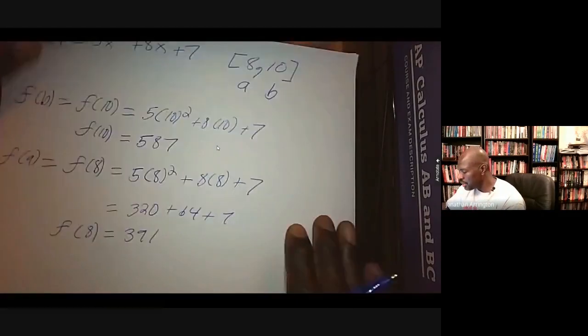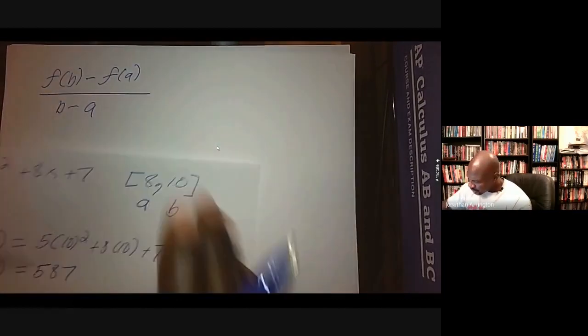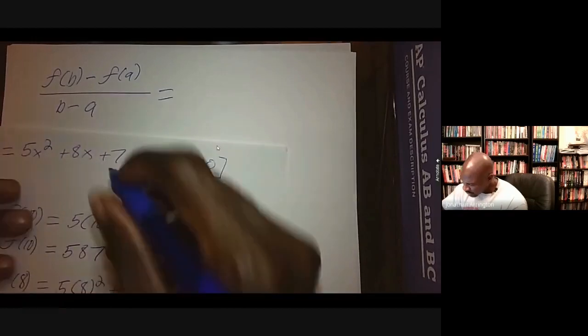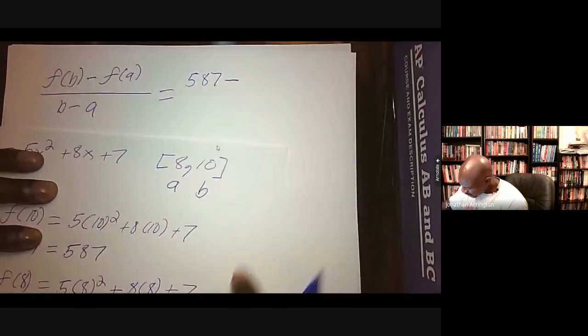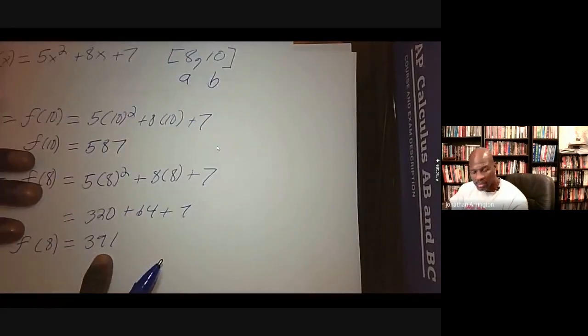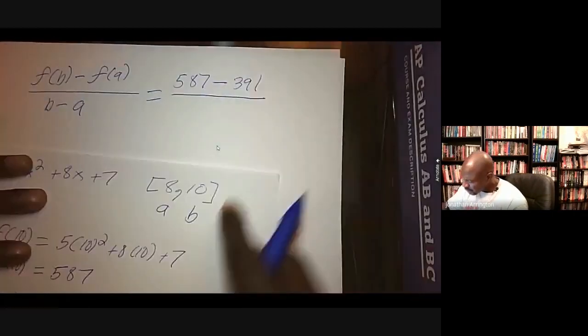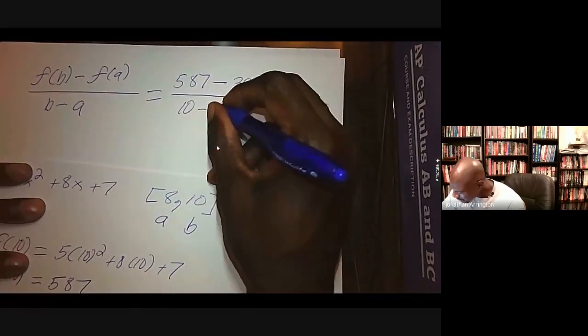So just to remind you of the formula, again, for average rate of change, the formula is f of b minus f of a over b minus a. And so for this problem, f of b is 587 minus f of a is 391, and b is 10 and a is 8, so over 10 minus 8.